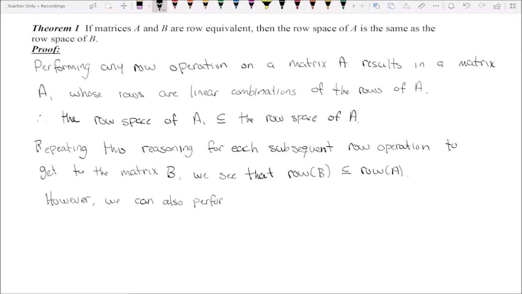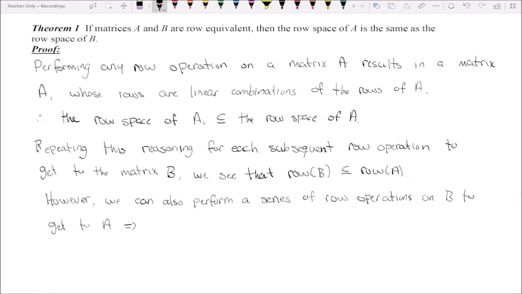So we can perform a series of row operations on B to get to A, right?